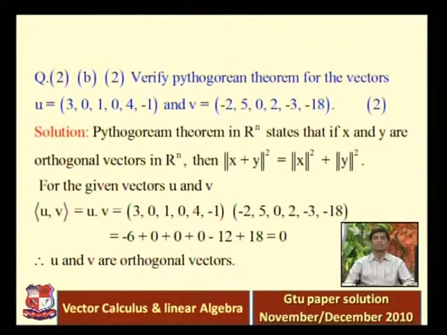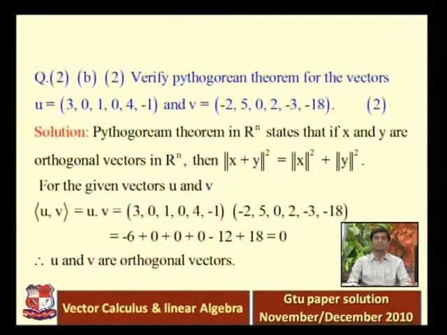For the given vectors u and v, the inner product of u and v is equal to u dot v. Now we check whether these two vectors are orthogonal or not, because we use the Euclidean inner product.